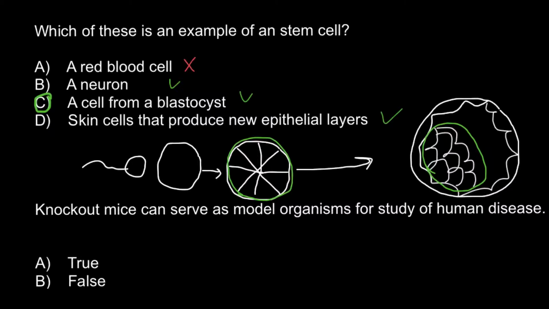And next question: knockout mice can serve as model organisms for study of human disease. Is it true or false? And the truth is that we humans share more than 90% of the genes with mice.